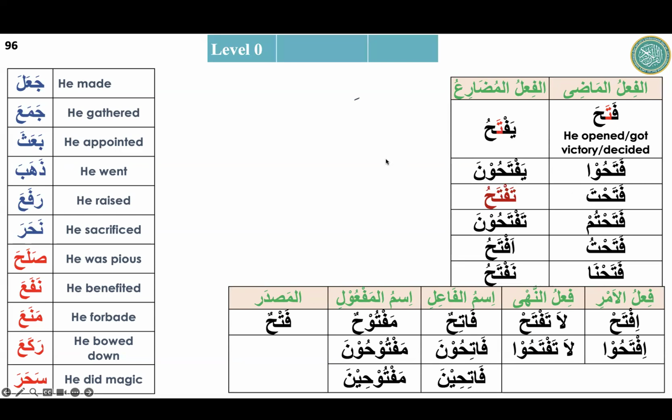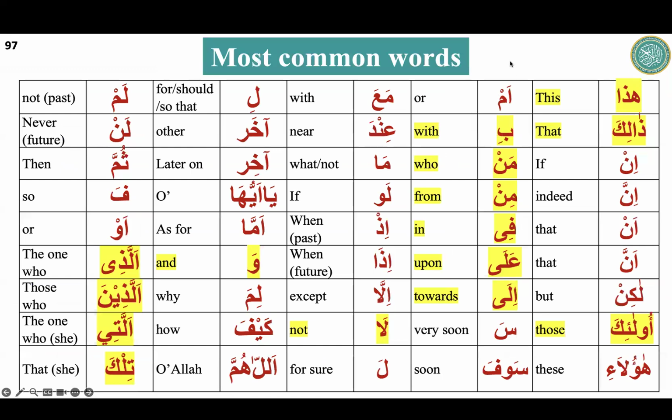Okay, and the next, the last topic of this level 0, is most commonly used words. We have almost 45 words here. Most of them, 14 or 15, we already knew because we practiced while doing attached and detached pronouns, and similarly in the second session about haza pointers and alladhi, alladhina, allati, allat.